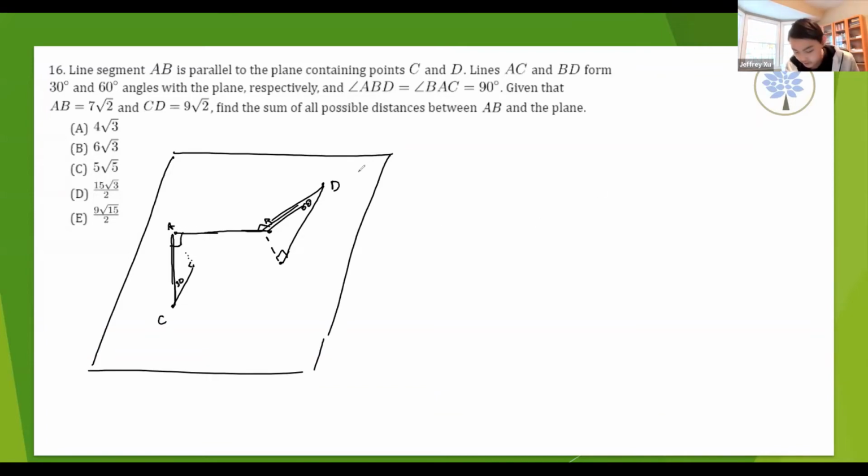Even though ABD looks like it's not 90 degrees at all, the reason it is because B is actually floating somewhere above the plane. Just remember that. So we have AB is equal to 7 root 2, and CD is equal to 9 root 2.